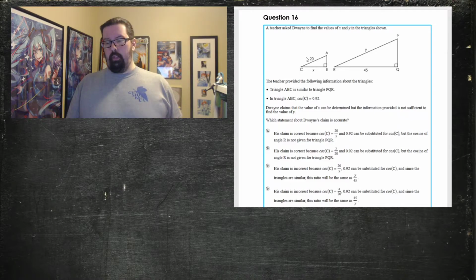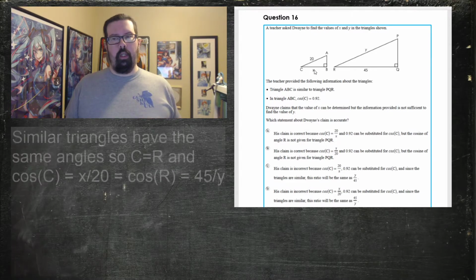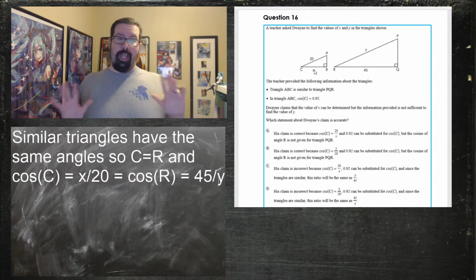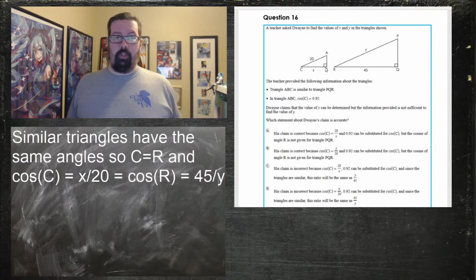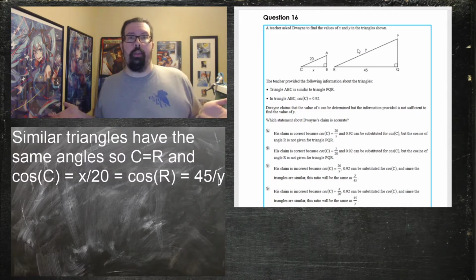So that means we're going to have x over 20 equals the cosine of C, and we can solve for that. But also we have the cosine of R, because if cosine of C is 0.92, cosine of R is 0.92. And it's still adjacent over hypotenuse, so 45 over y. So we have all this information. What are we going to do with it?